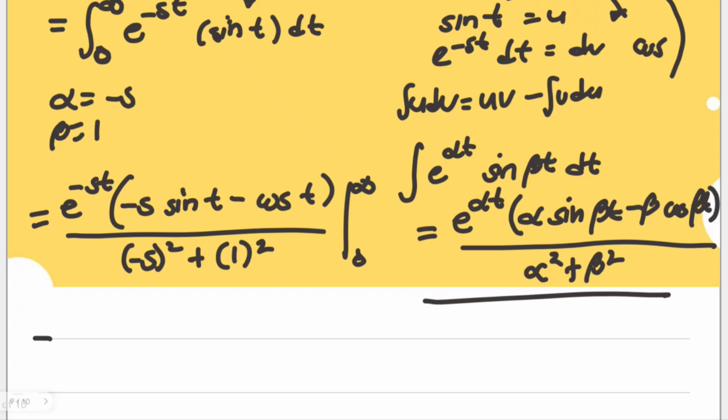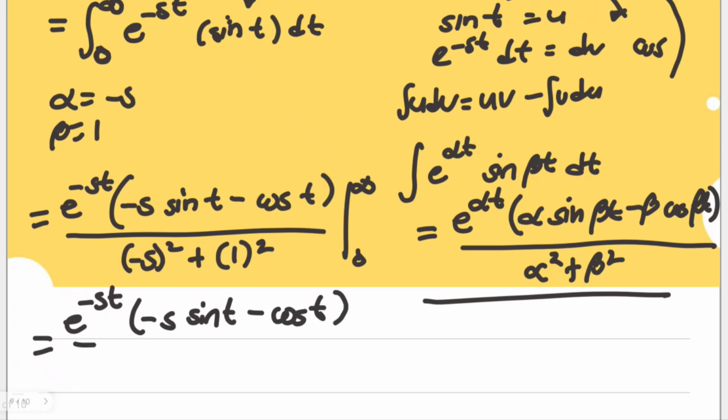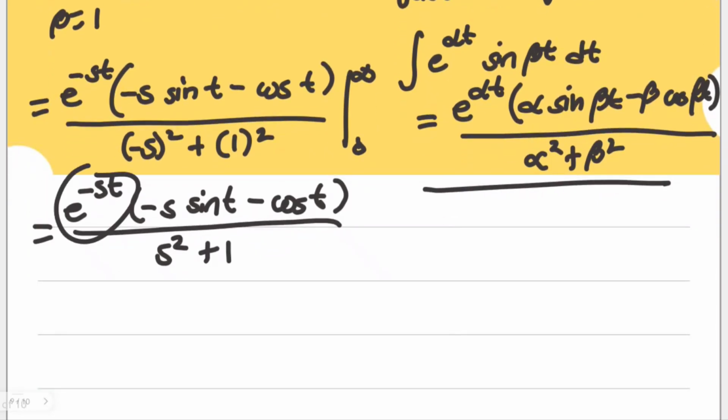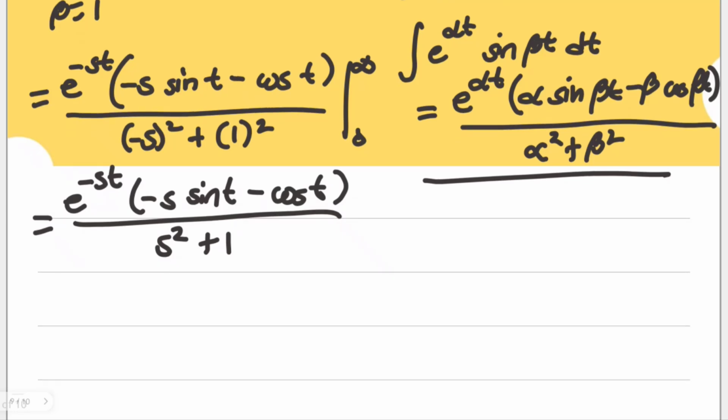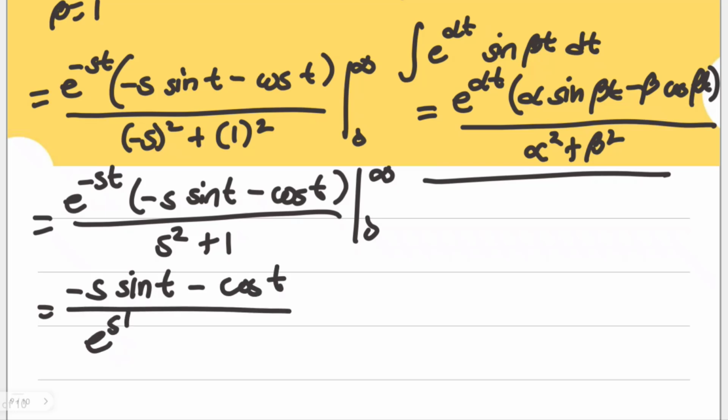So moving forward, e to the power of negative st times negative s sine t minus cosine t over s squared plus 1. The e to the negative st can be moved to the denominator with a positive exponent, so the numerator has negative s sine t minus cosine t over e to the power of st times s squared plus 1, again from 0 to infinity.